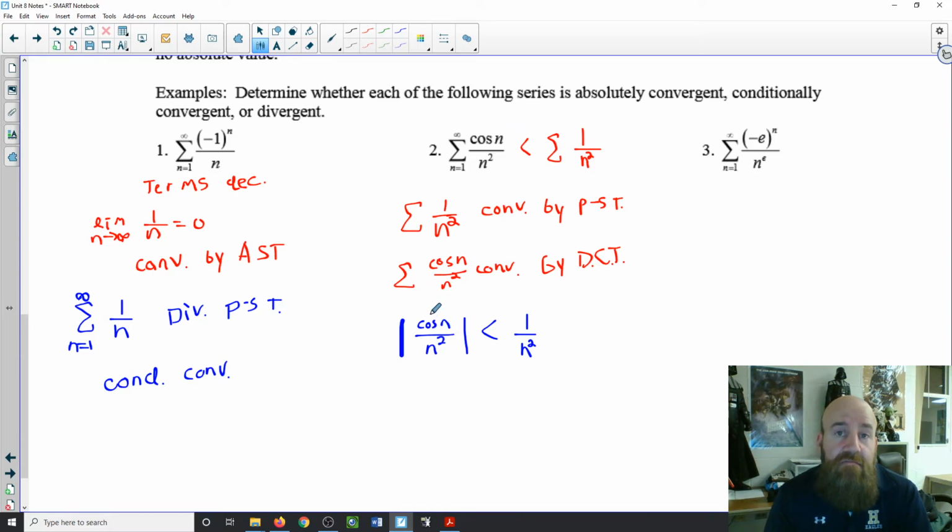If these are just between 0 and 1, it's still smaller than 1. So the absolute value converges by direct comparison test. We're still comparing it to this 1 over n squared. So if it's convergent both times, the absolute value and the original, then we can say this is absolute convergence.